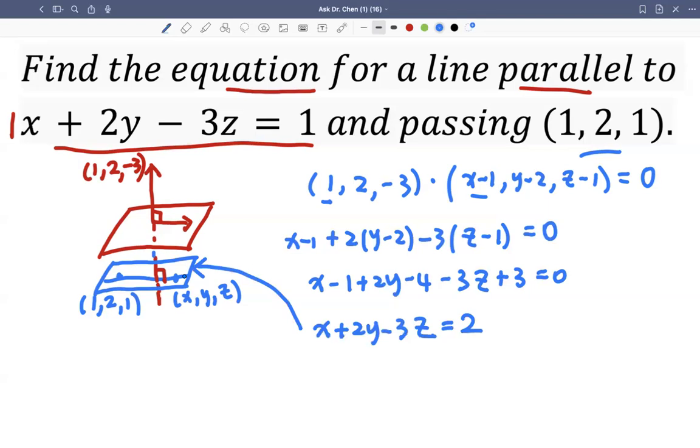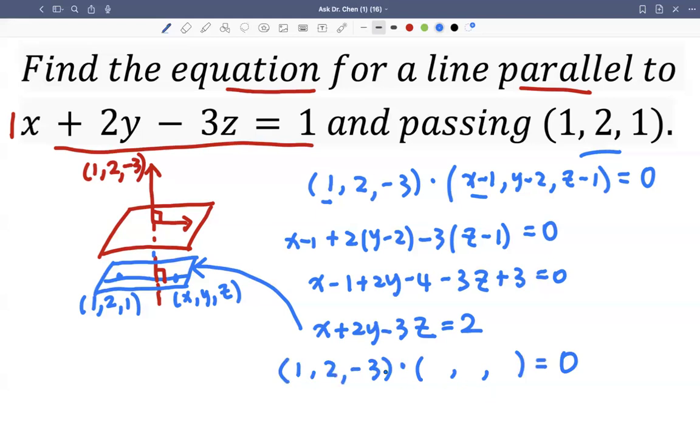Now we have this plane, and this line we're looking for, of course, is a line on this plane. So we're going to find a vector whose dot product with this normal vector (1, 2, -3) is 0.